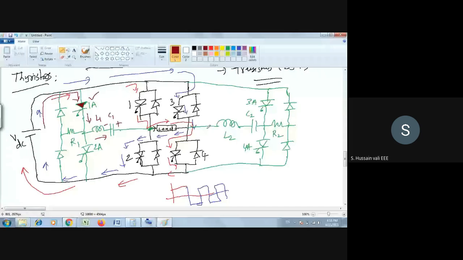After C1, it comes to this junction, then it will take the path through the diode. You see here, this is turned on.